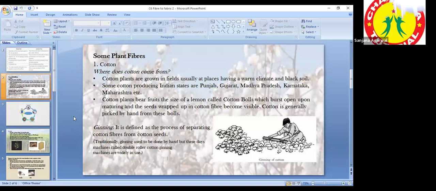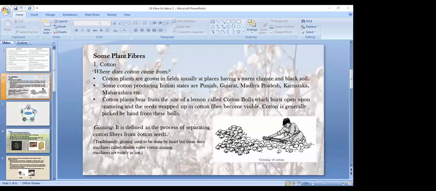Some more points about natural fiber, cotton. Neha, please start reading. Yes, ma'am. Some plant fibers: cotton. Where does cotton come from? Cotton plants are grown in fields, usually at places having a warm climate and black soil.